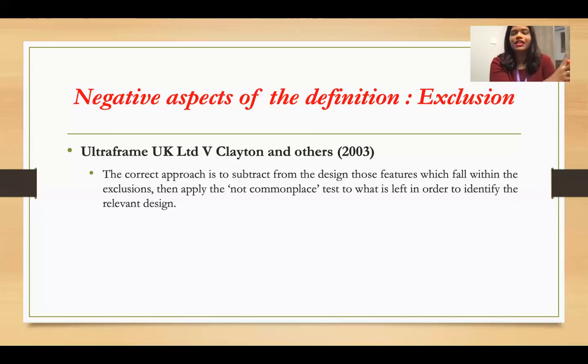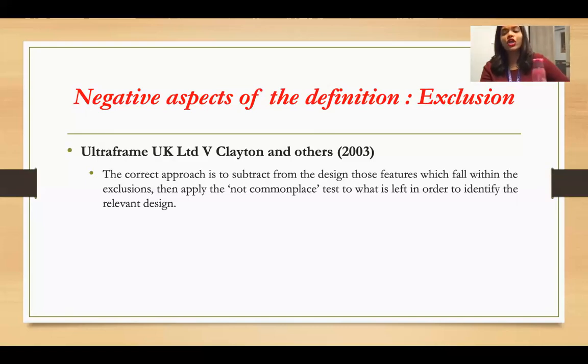Make sure that the design you are trying to rely on under unregistered design rights does not fall within the exclusion. And the whole reason why exclusion came into account is purely because they don't want people to monopolize the market. So this is why they have exclusion.